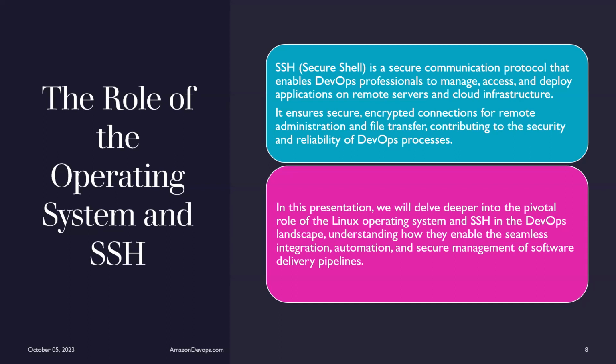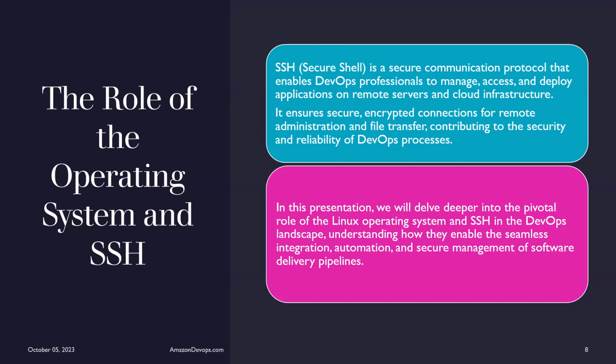In this presentation, we'll continue, of course, to go deep into the pivotal roles of the Linux operating system, and we'll continue to look at SSH, specifically why it is important in the DevOps landscape. As you know, it's very difficult today to have access to the physical servers where you are.